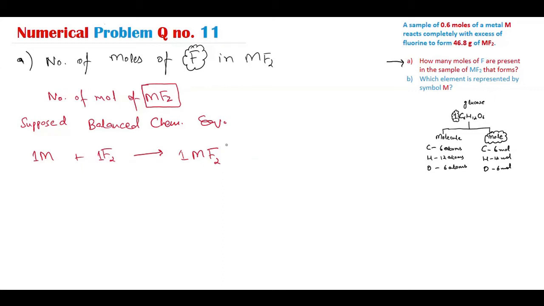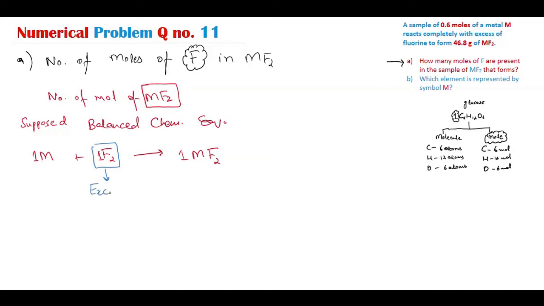We are told that the fluorine is in excess. You can see that clearly from this statement: a sample of 0.6 moles of metal M reacts completely with the excess of fluorine. So fluorine is in excess. If a reactant is in excess, it does not control the amount of products. So let me write it down.